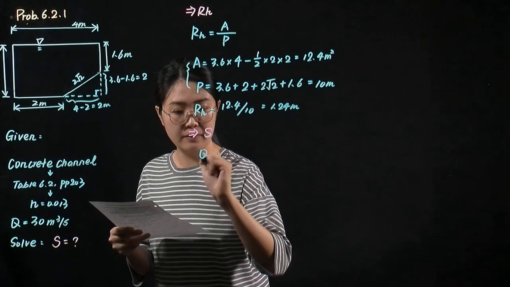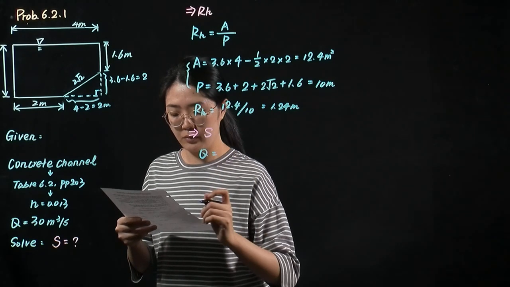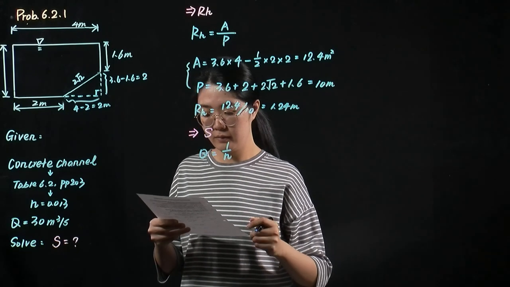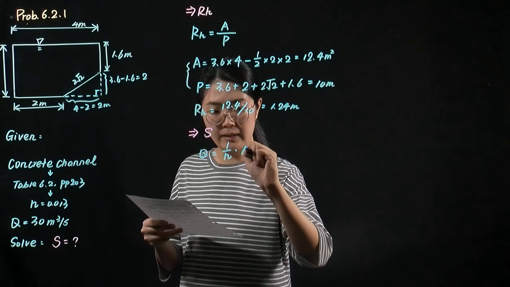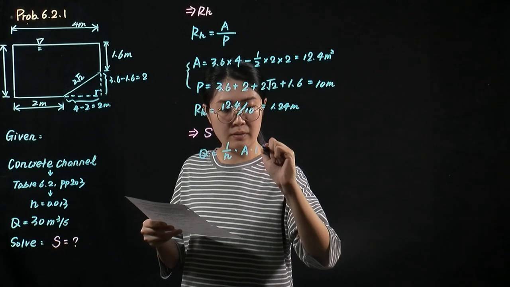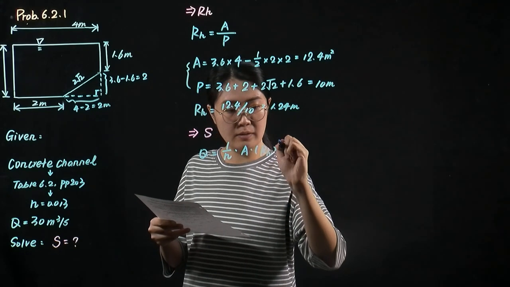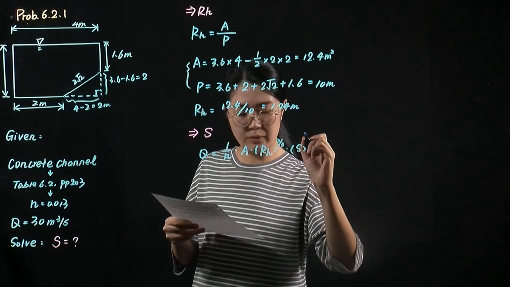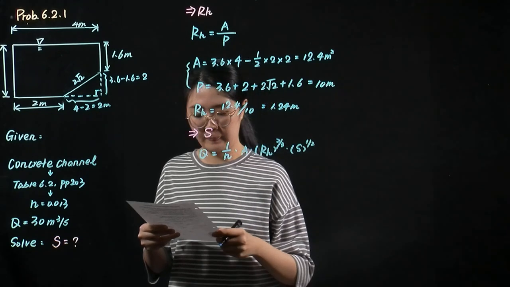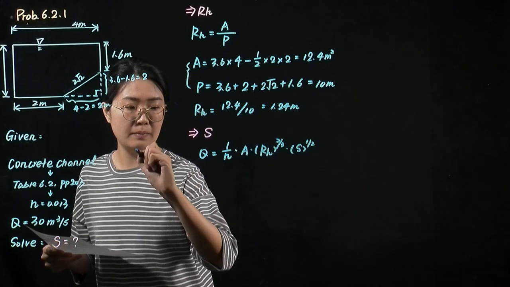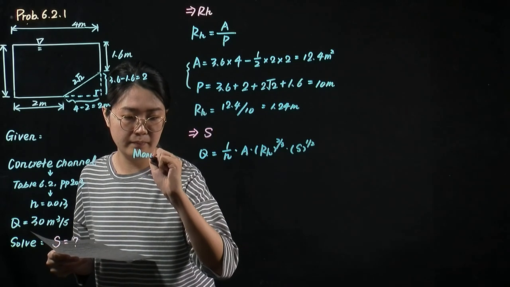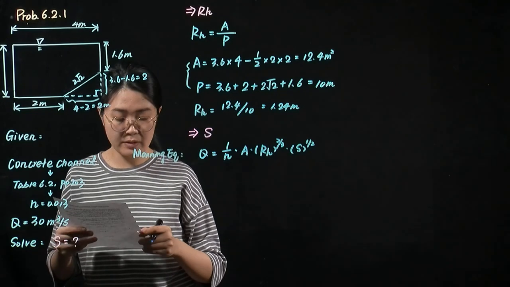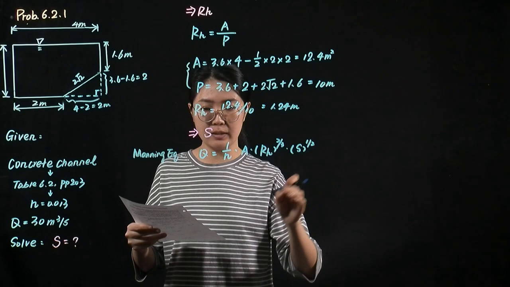The flow rate equals 1 over the Manning coefficient times A times the hydraulic radius times the slope, and this is the Manning equation. This is the Manning equation for the metric unit.